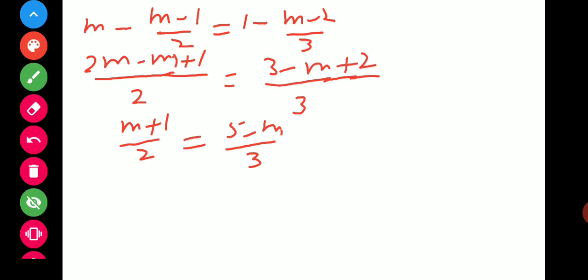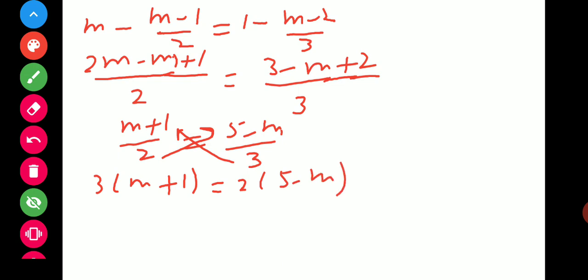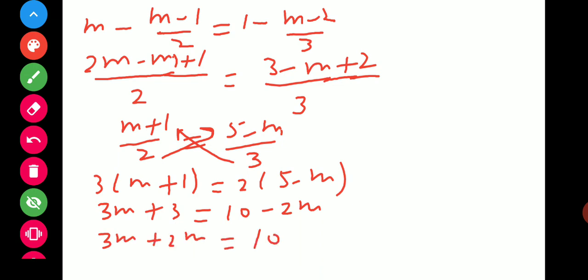Now do the cross multiplication like this. So it is 3 times m plus 1 is equal to 2 times 5 minus m. Do the multiplication inside. That is 3m plus 3 equal to 10 minus 2m. So 3m plus 2m is equal to 10 minus 3.